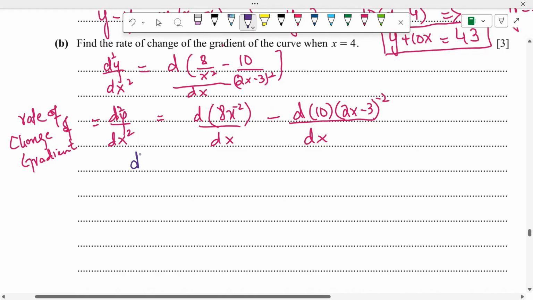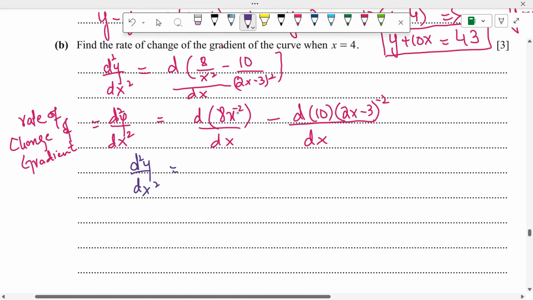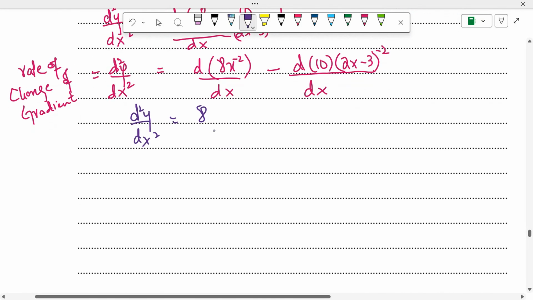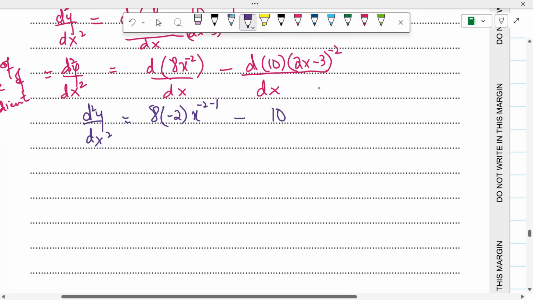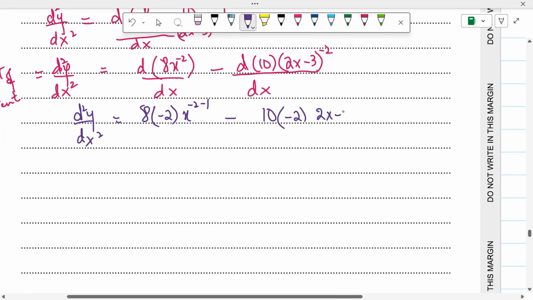So the second derivative of the curve is the derivative of 8x^(-2): 8 is a multiple, and the derivative of x^(-2) is -2 times x^(-2-1). Minus 10 as a multiple, the derivative of (2x - 3)^(-2) is -2 times (2x - 3)^(-2-1).